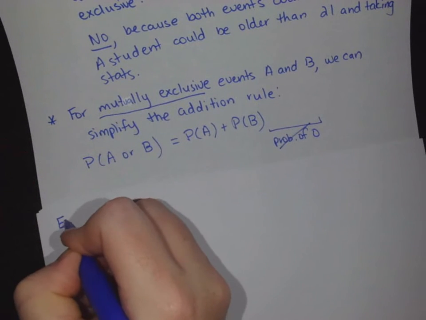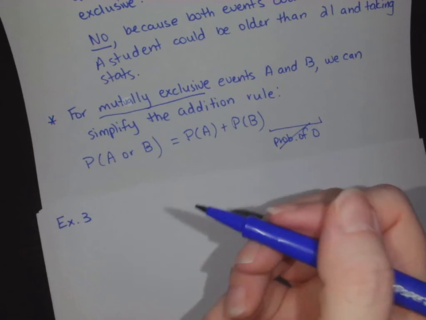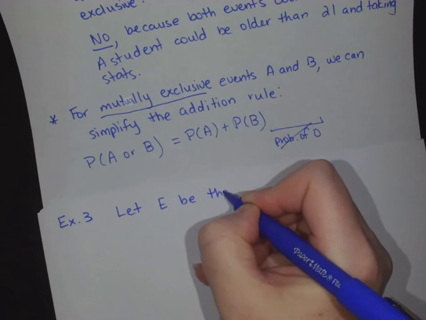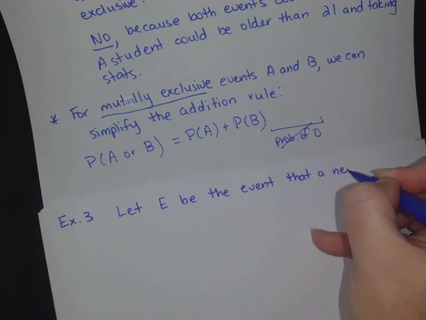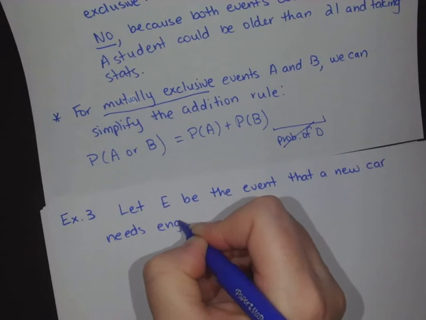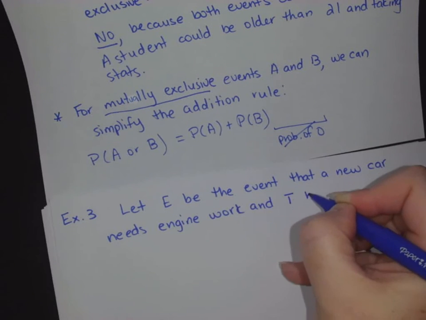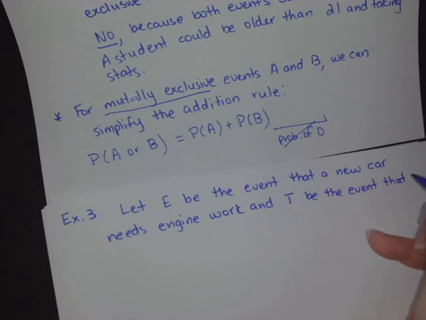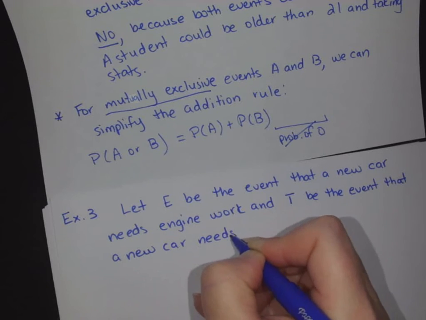Okay, so let's do an example. Let E be the event that a new car needs engine work, and T be the event that a new car needs transmission work.